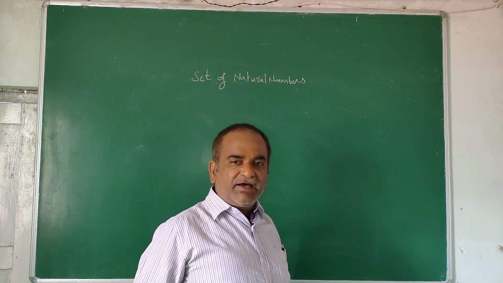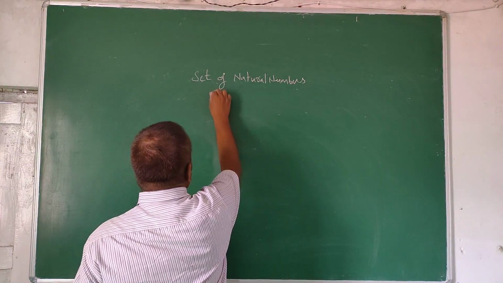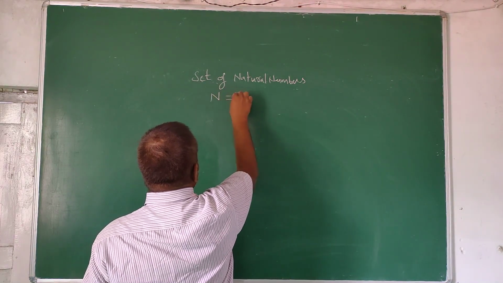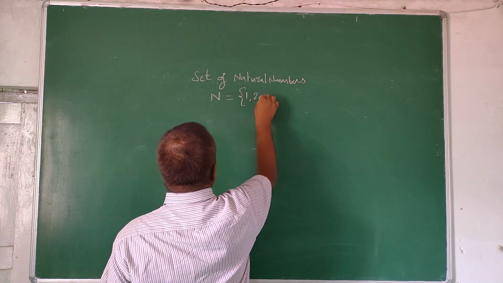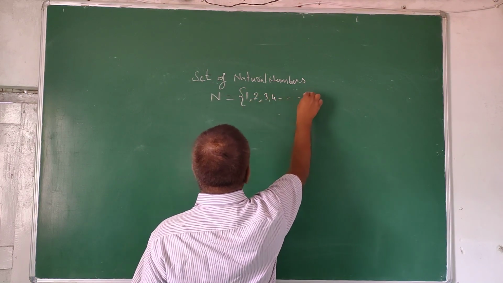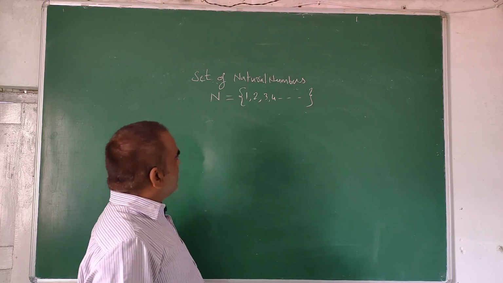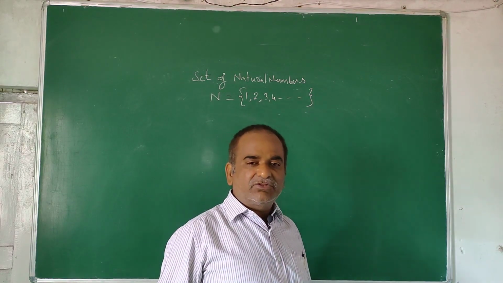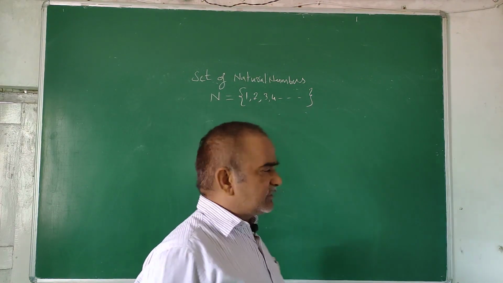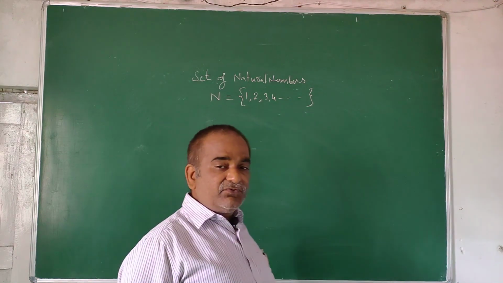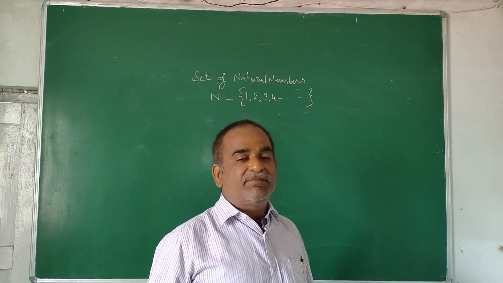You know, the set of natural numbers is denoted by N and it is equal to 1, 2, 3, 4, and so on. Natural numbers are also called countable numbers, which we use to count some objects.